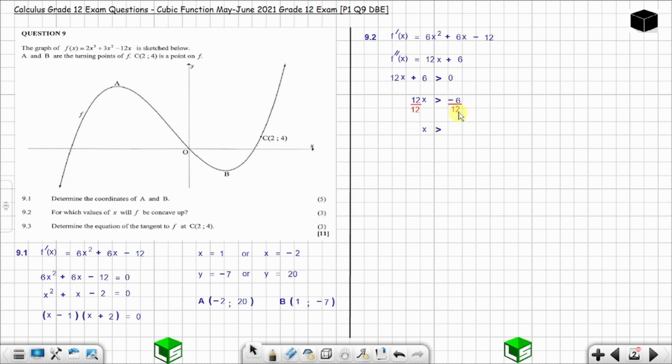Divide 6 by 6, it's 1. Divide 12 by 6, it's 2. So you are going to have negative a half. So the graph is concave up where x is greater than negative a half. Or you can write alternatively like this: x is an element of from negative a half to infinity.